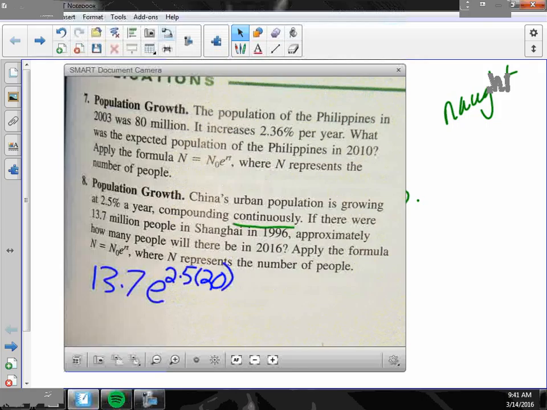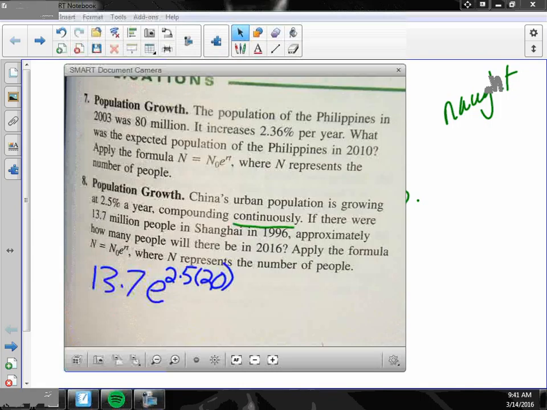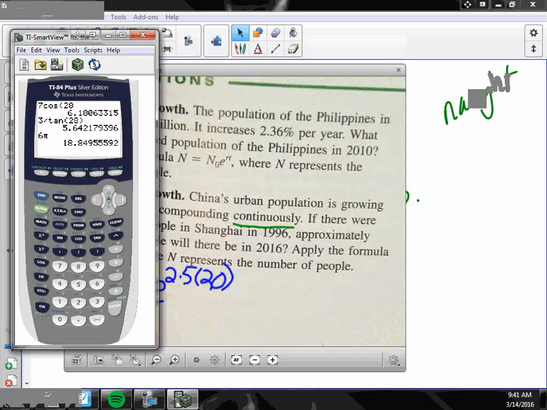I looked through it. I think they're all going to be continuous. Let me turn on my calculator. Well, this one's easy because we're solving for N. But if other things are missing, it's going to be a little bit more complicated. Here's my calculator. So 13.7 times e.